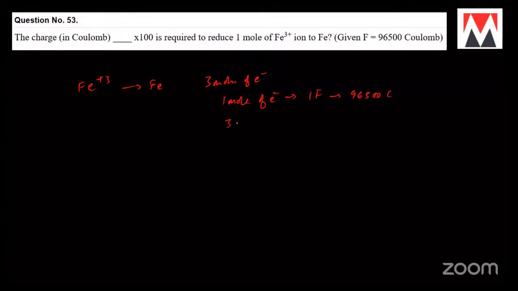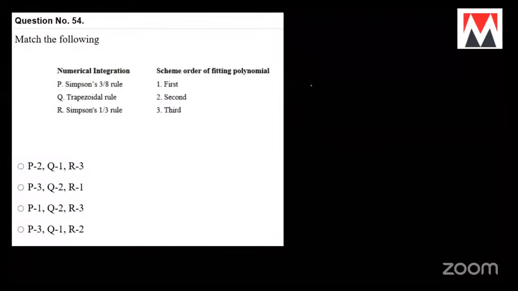So 3 Faraday is 3 into 96,500, which is 289,500 coulombs. Divided by 100 is asked, so it is 2895. This is a basic question.